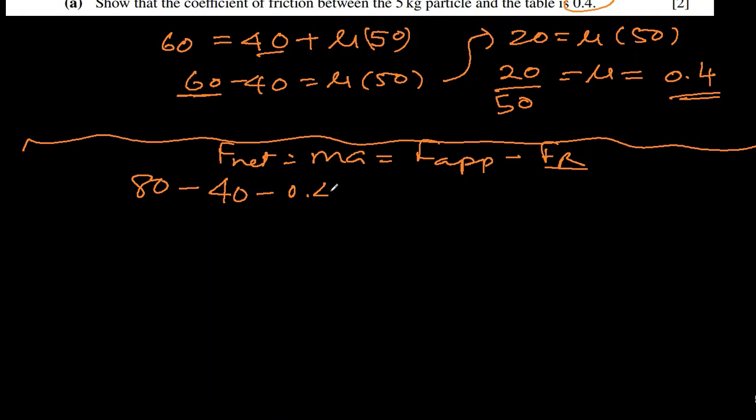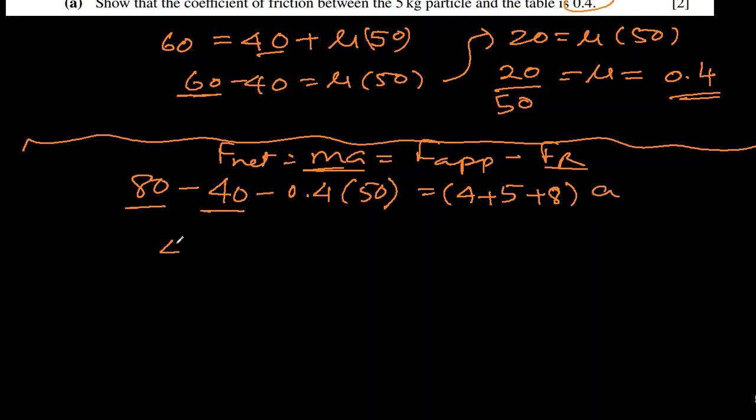Mu is 0.4 now and R is 50. This will be equal to mass times acceleration. Because all three masses are moving, we will add all of them: 4 plus 5 plus 8, all three masses times acceleration. So 80 minus 40 is 40, minus 0.4 times 50 will be 20, equal to 9 plus 8, 17a.